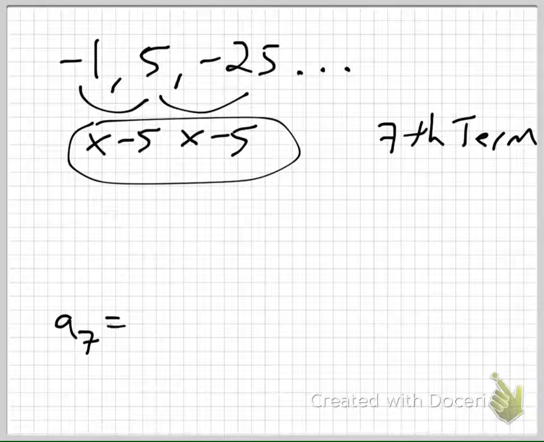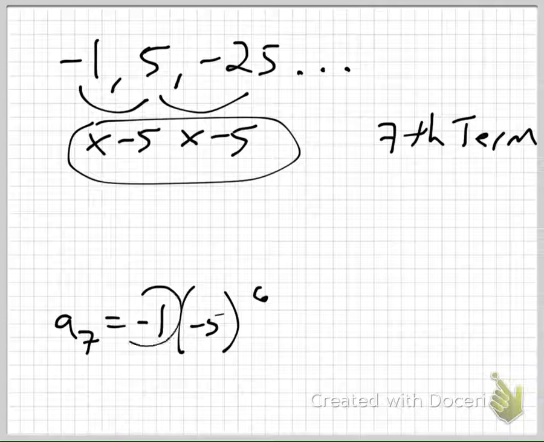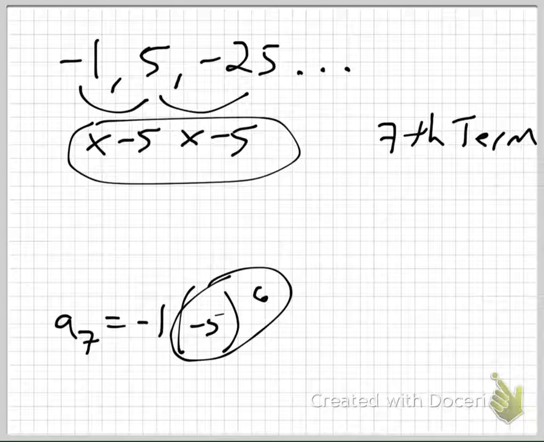A7 equals A1, which is -1, the first term, times -5 to the 7 minus 1 power, which is 6. So I'm going to change that to a 6th power here. So then, what is -5 to the 6th power?